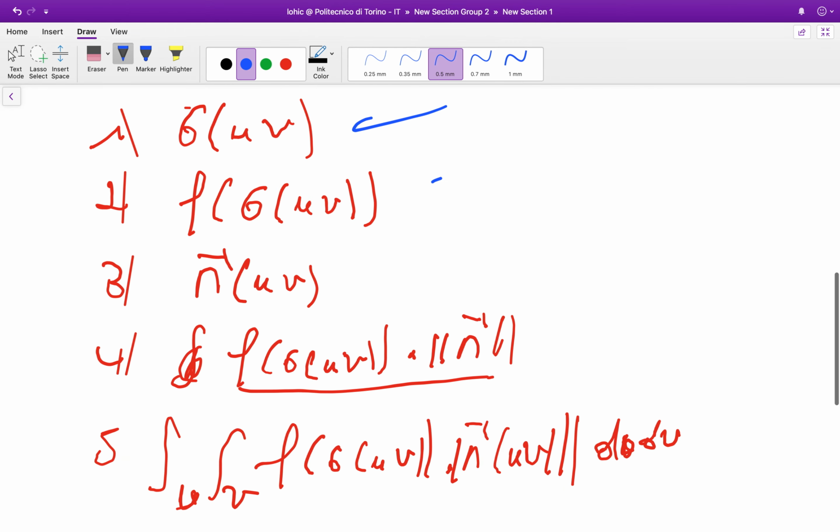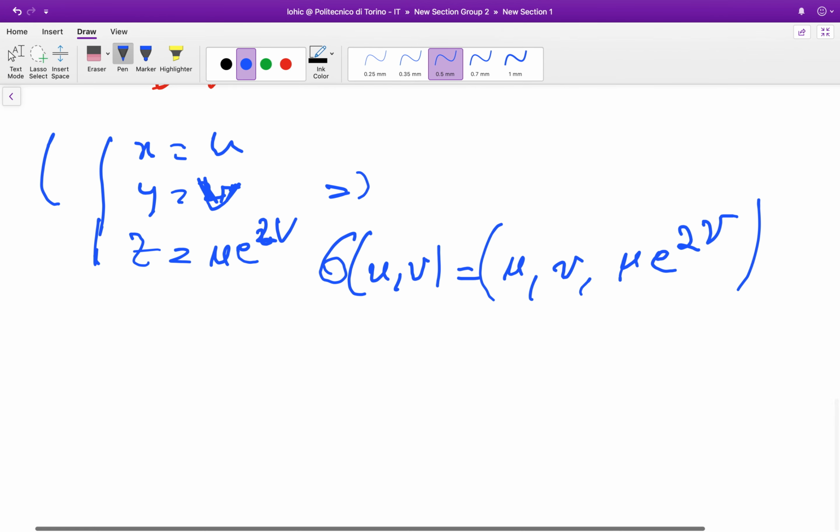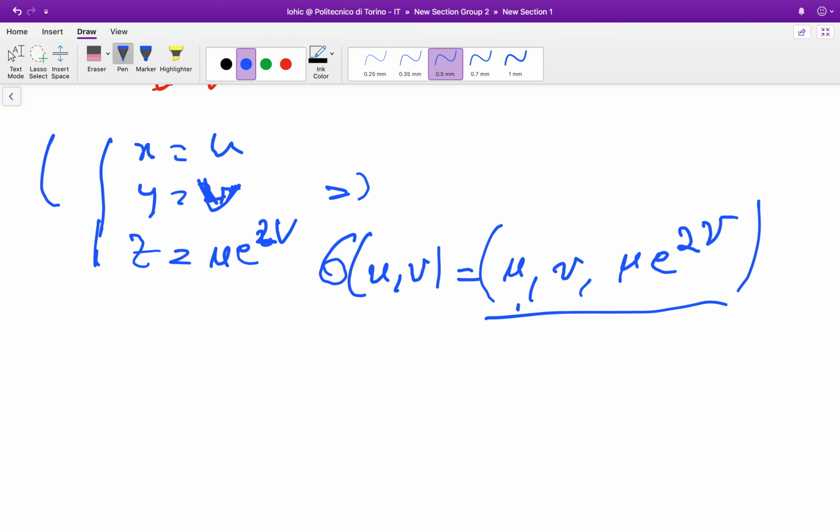Now the second step is to compute the function, to insert the surface inside the function. How do I do that? Look, this is my x, this is my y, and this is my z.